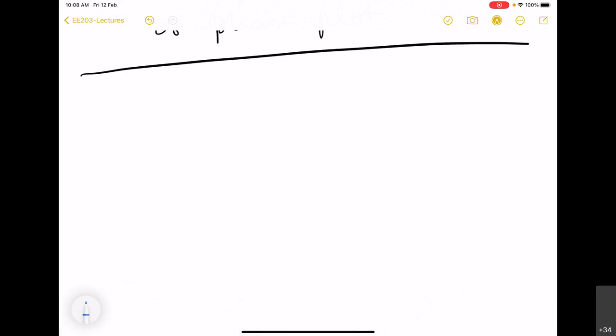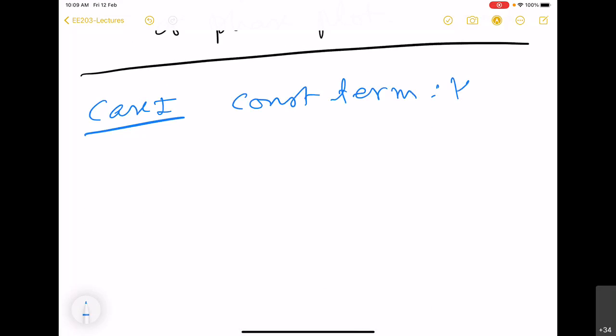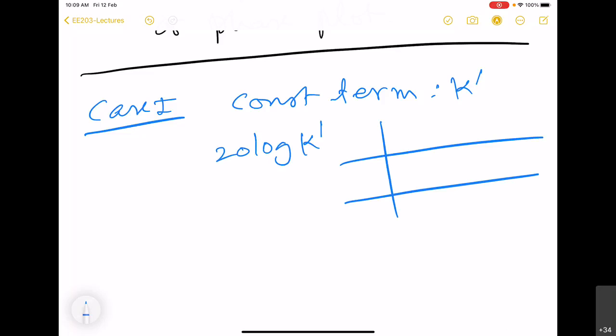So, first case, let us take a very trivial thing: that we have a constant term, that means k dash, what we got earlier. For this case, we saw that this will contribute 20 log k dash, and its plot is going to be a constant number.